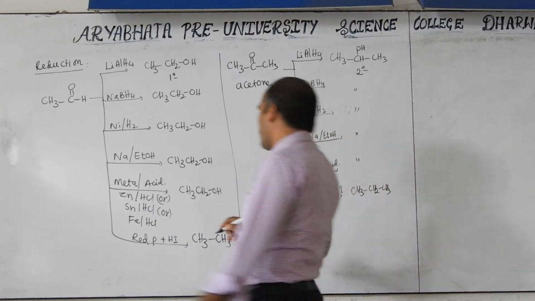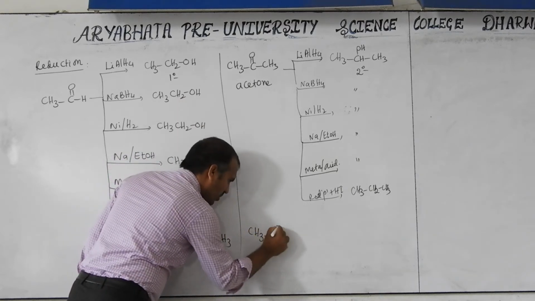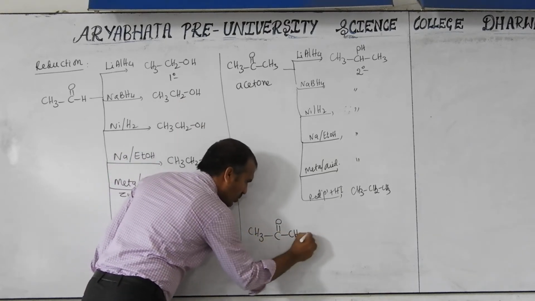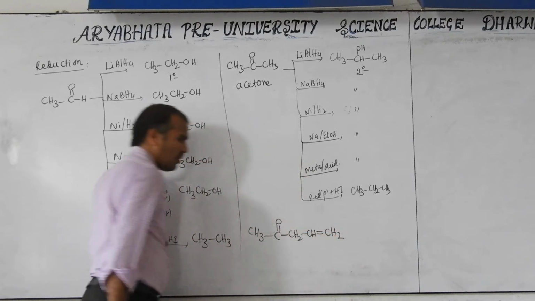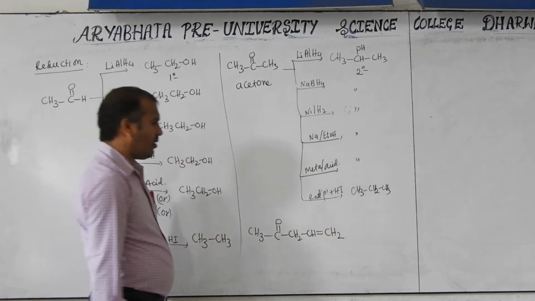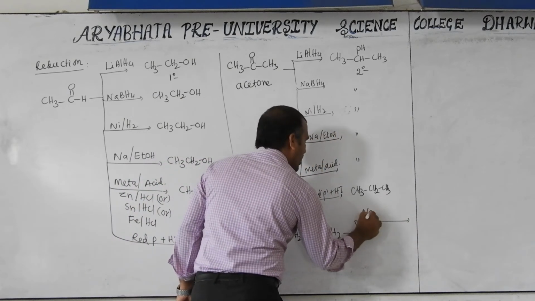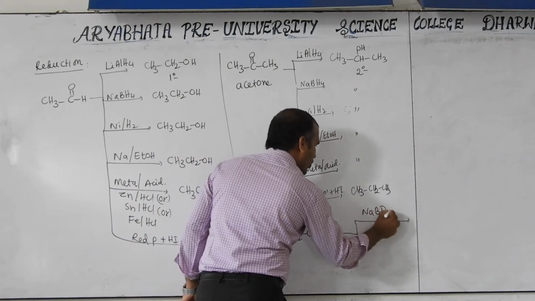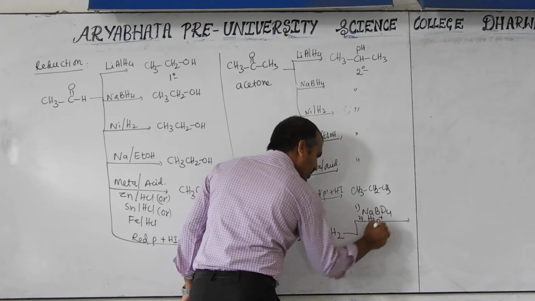Now I am giving one homework for you. CH3, C double bond O, CH2, CH double bond CH2: like this, one compound here. For this, first step NaBD4, second step H3O plus.